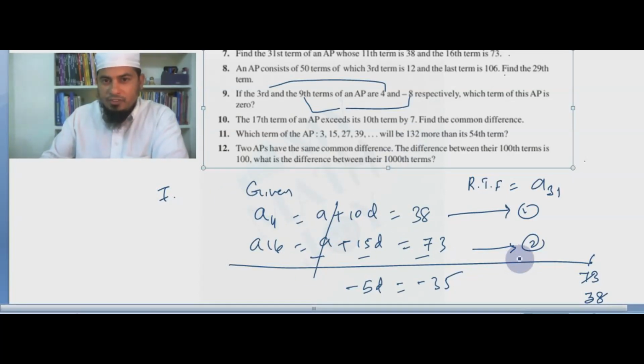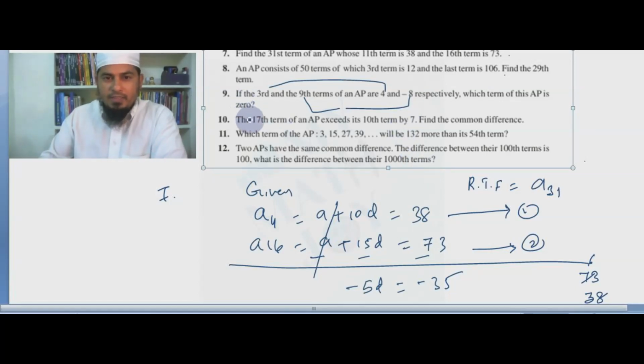Third term A3 is equal to 4 and 9th term A9 is equal to A plus 8D is equal to minus 8. So a pair of linear equations in 2 variables will be there and you can solve the question easily. How we have done here, respectively in similar fashion, you can do so. So I hope you do it right. Pause this video, do this work and proceed.